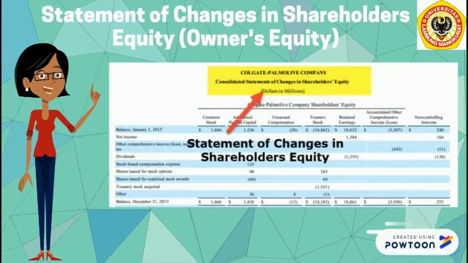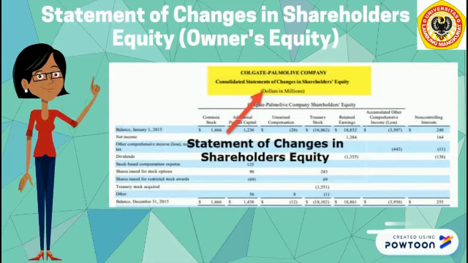Retained earnings are part of shareholder equity and are the percentage of net earnings that were not paid to shareholders as dividends. Statement of owner's equity. 1. Common stock is the first and most important component of shareholders' equity.